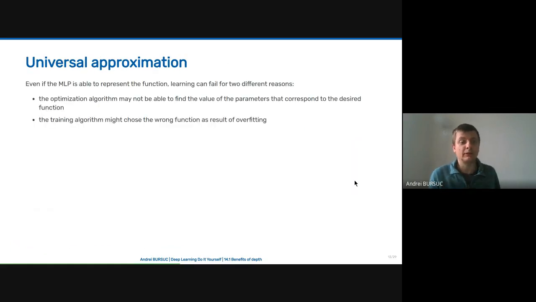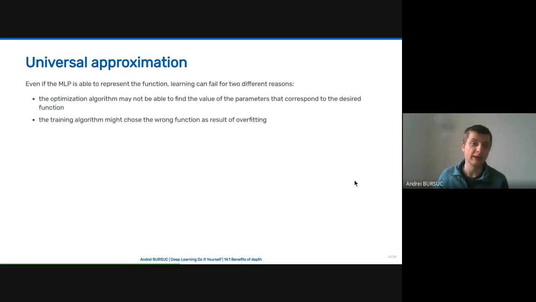Still coming back to the universal approximation. Even if the MLP is able to represent the function, we can still fail in reaching an accurate representation of the function for the following two reasons.